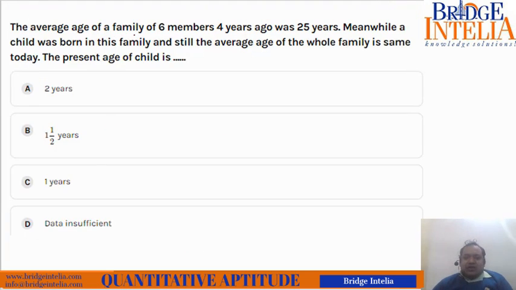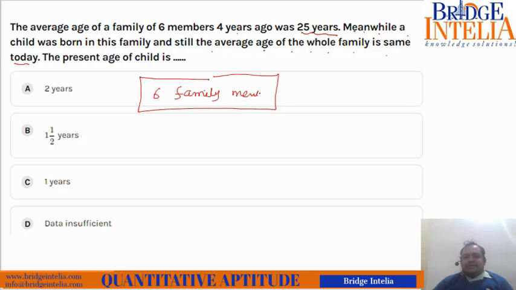So let's take the next example. The average age of a family of 6 members 4 years ago was 25 years. Meanwhile, a child was born in this family and still the average age of the whole family is the same today. Initially there were 6 family members, and their average age 4 years ago was 25 years.